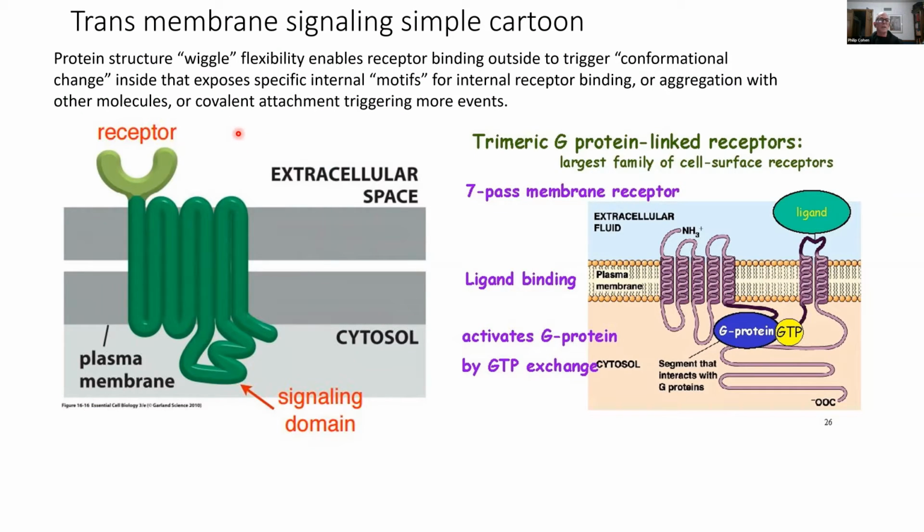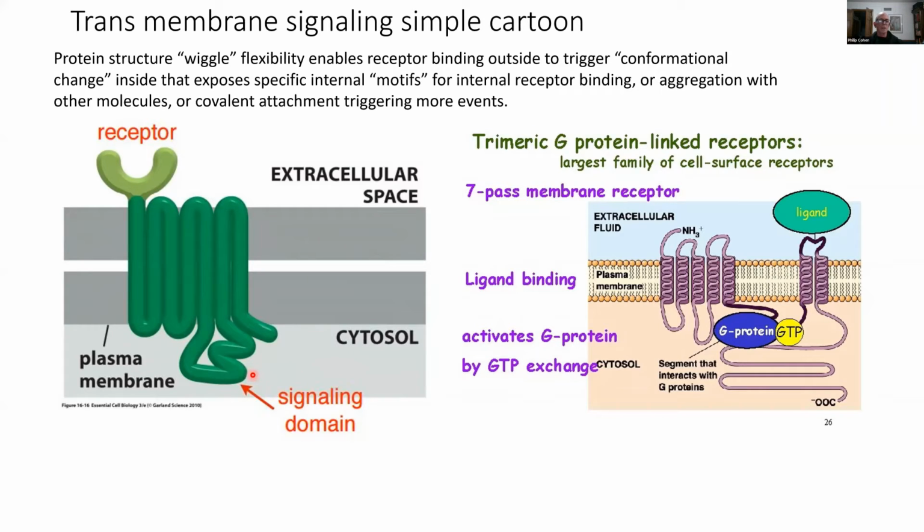And so what we're interested in is a transmembrane protein that has a receptor on one end and a signaling domain inside the cell on the other end. The receptor will bind something that will cause some kind of change at this end inside the cell that will then trigger a bunch of other reactions.